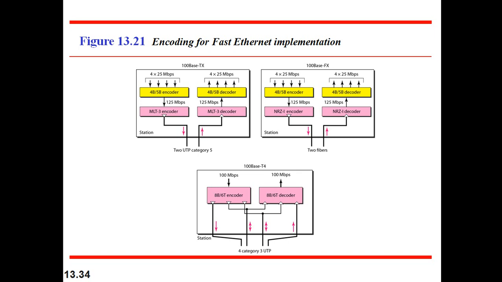But that makes it unsuitable for these twisted pair cables. For that purpose, we are using different encoding schemes over these implementations. In the first one, 100BASE-TX, we are using MLT-3, that is, multi-line transmission level 3 encoder.